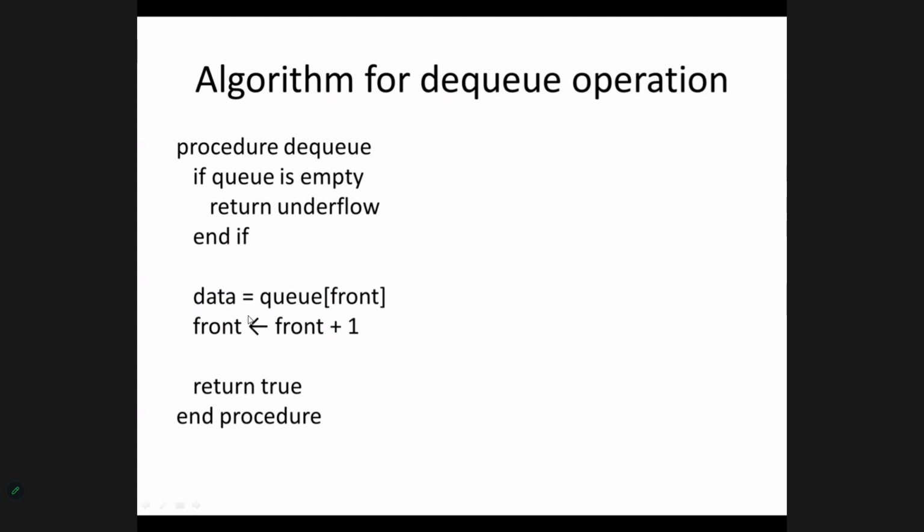If I want to access the removed data, then that needs to be assigned to the variable called data, so it assigns from the queue before deleting. And then it will increment front by 1, and return true and proceed.